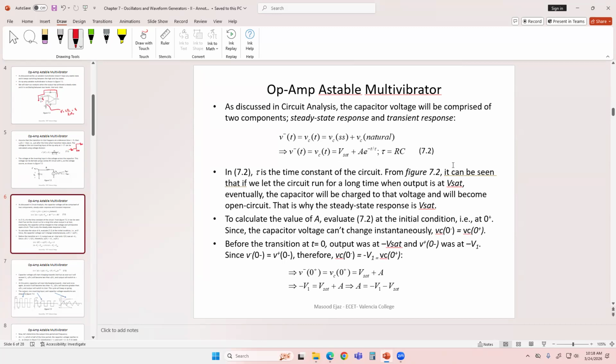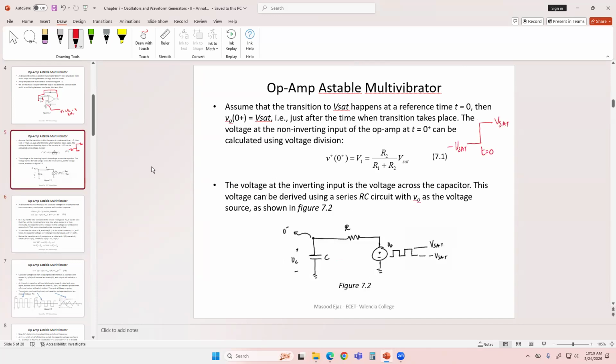How do you find the value of A? Using the initial conditions. Again, going back to circuit analysis, you used to employ the initial condition to find the value of A. The initial condition is the value of the capacitor voltage just before the change happens.